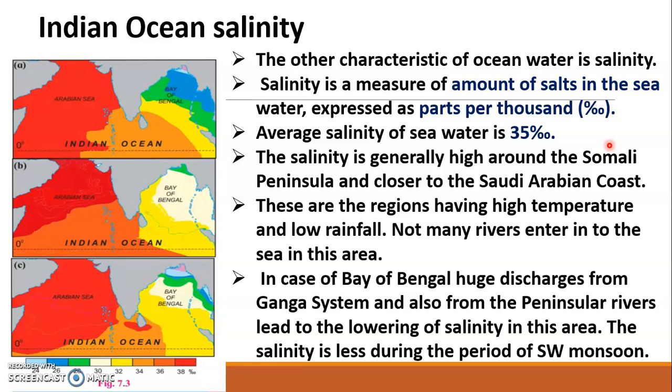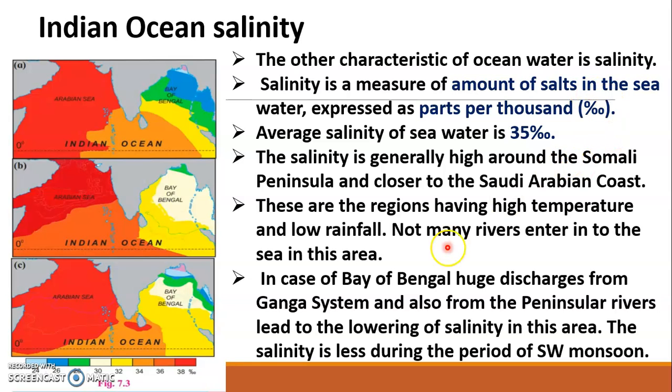Another factor is that if no river joins that particular sea, then the salinity is high. Why? Because the water which a river brings along with it is never salty. It is always potable water. You can drink it.